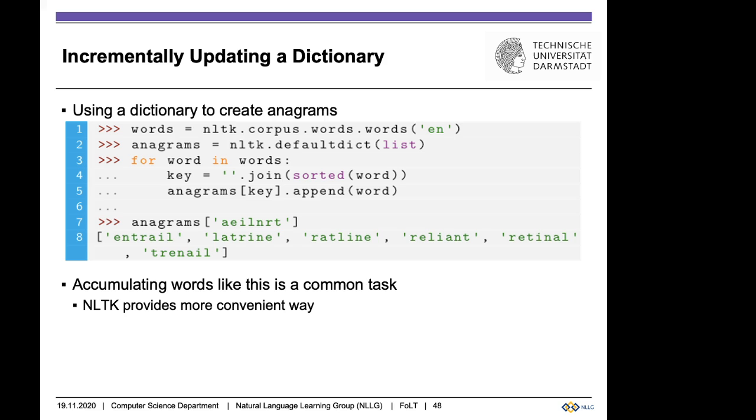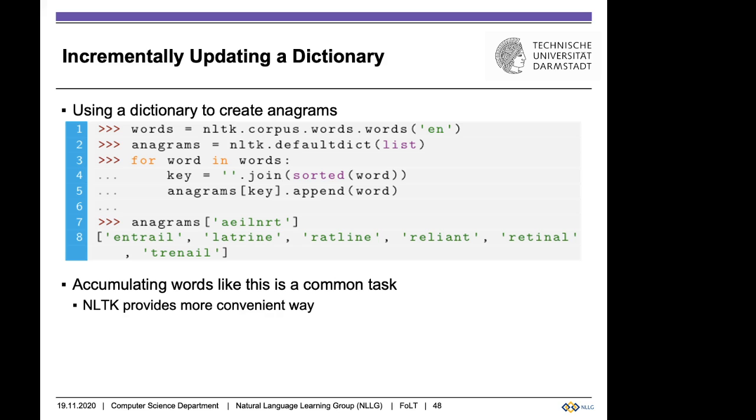To do so, first we have to load all the words from the NLTK corpus. Then we will create an anagrams dictionary, where we map a default value, here an empty list of anagrams, to every single word.